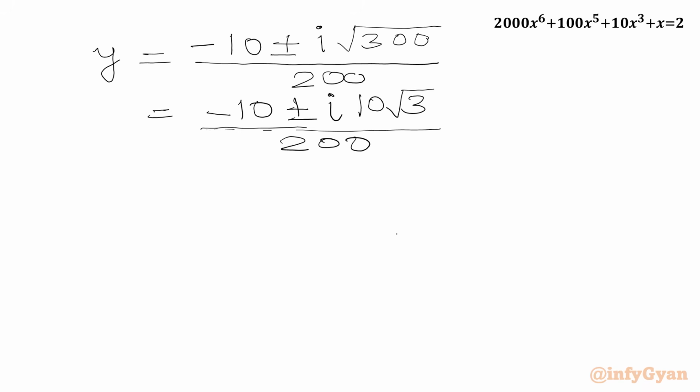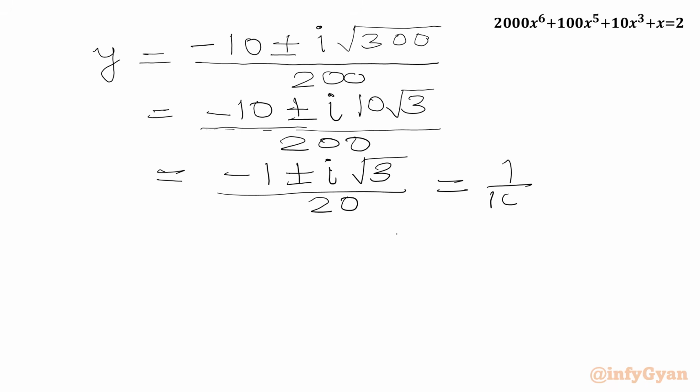Now we will divide numerator and denominator by 10. So we will be getting (-1 ± i√3)/20, which can be written as 1/10 (-1/2 ± i√3/2).